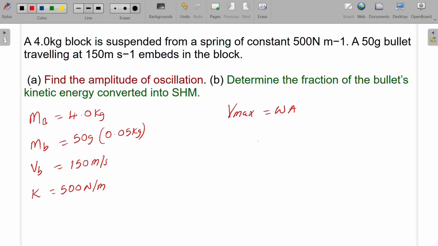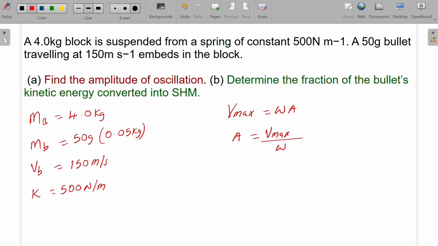In this formula here, making A the subject, this will give us our A to be equal to Vmax divided by angular frequency. So using this formula can help us find our amplitude, but we need to first find the angular frequency. This is what we found there, ladies and gentlemen, is our Vmax. The speed at which the whole system will be moving after collision, that will be our Vmax. So we'll have our Vmax that we calculated already, which is 1.852.